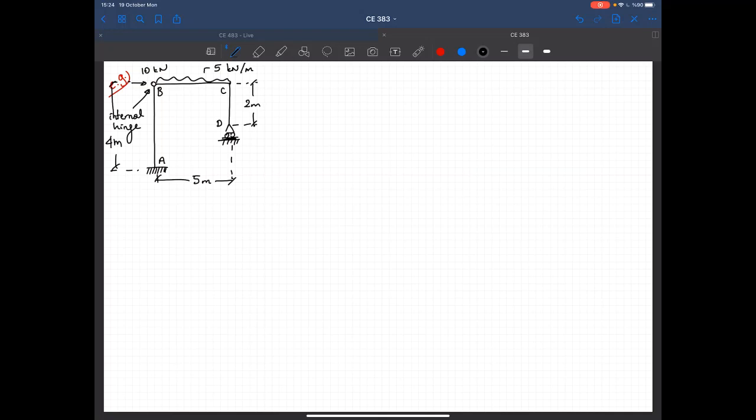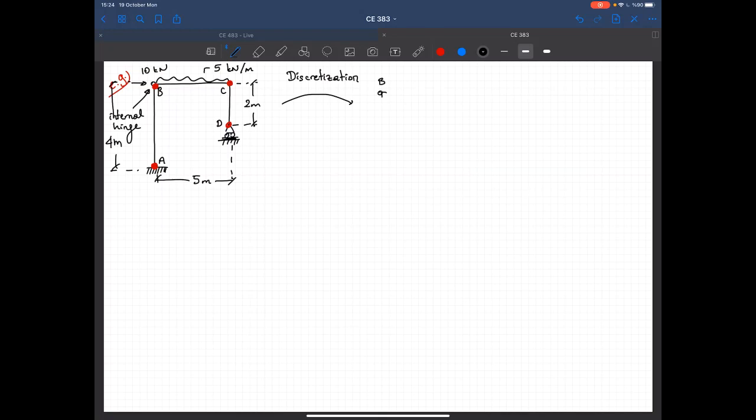So again, we will try to draw the internal force diagrams, but before going into that, again, I will do the discretization. So let's determine the nodes now at point A, point B, point C, and point D. We have 4 nodes. Let's draw them.